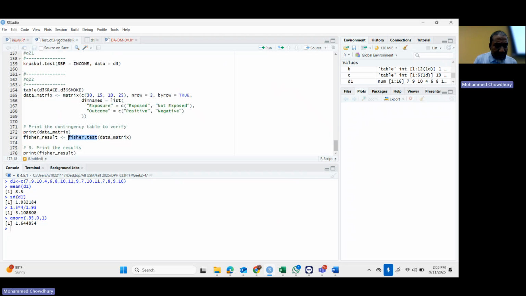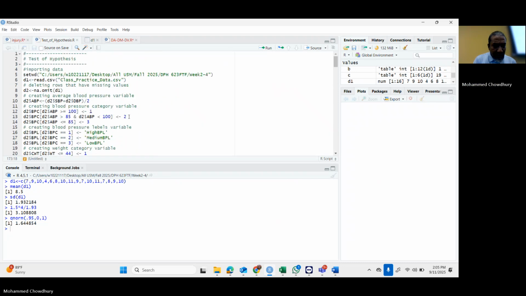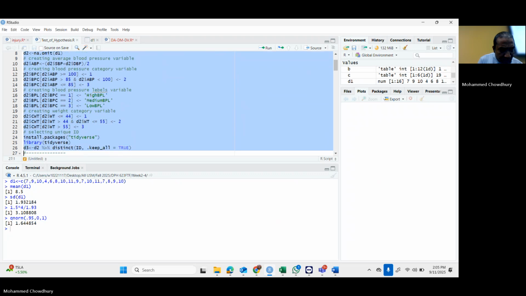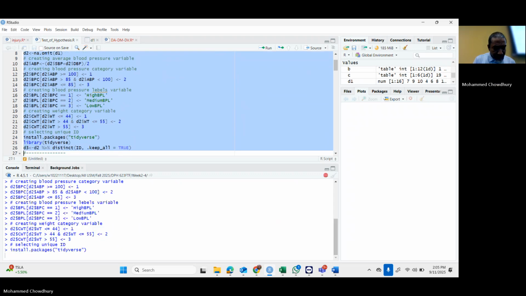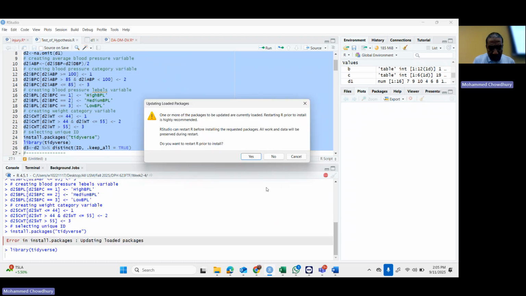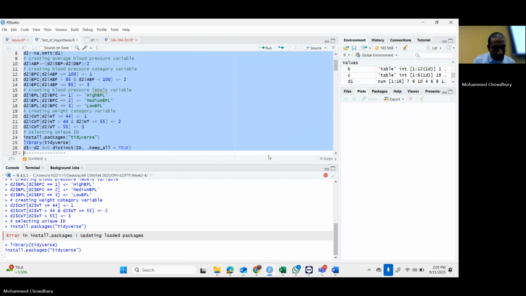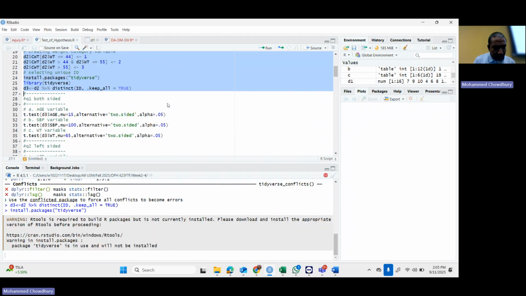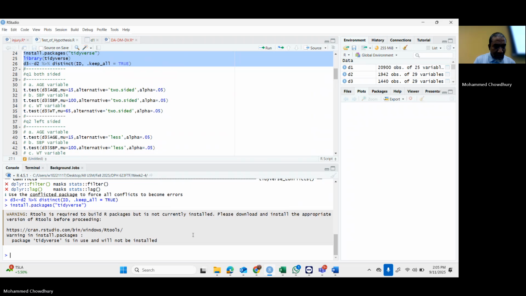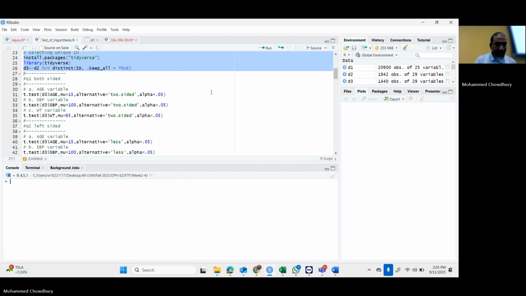Test of hypothesis. And this is what all the data come in here. Okay, let me run up until here. Good. Because it is already in there, take a look at that.